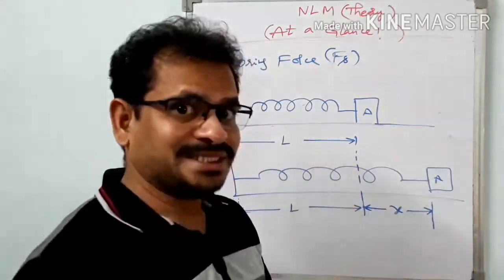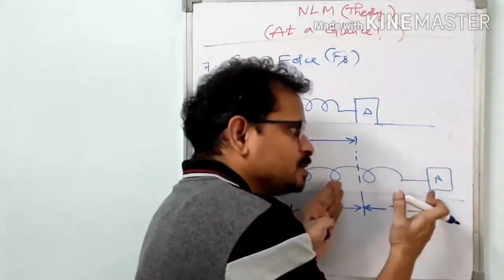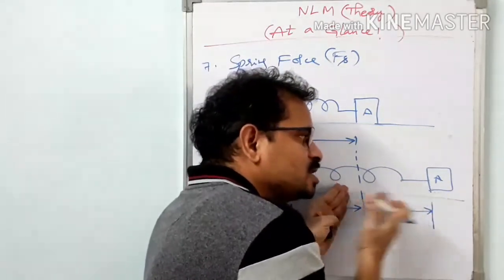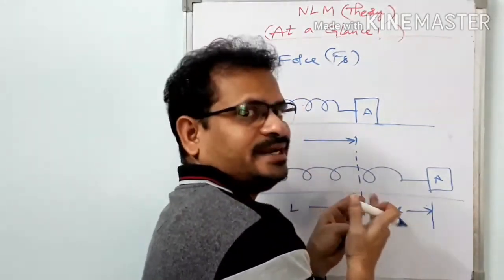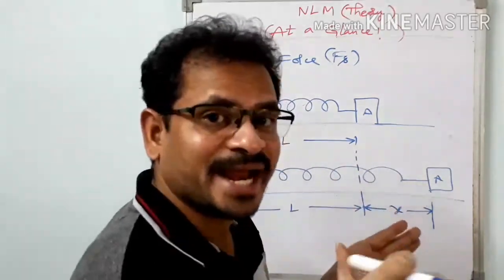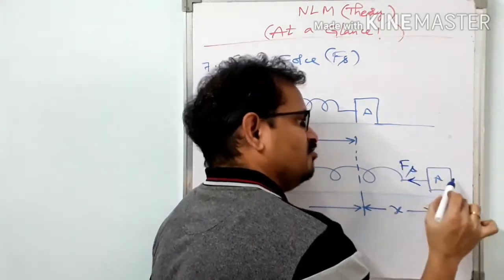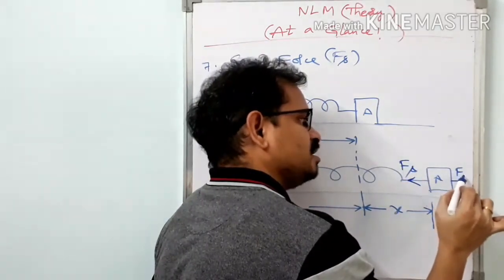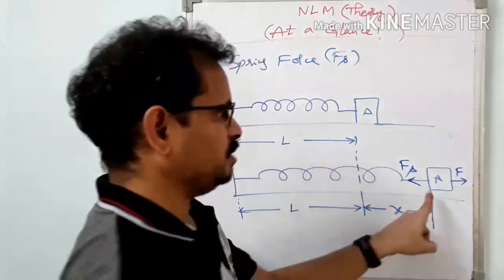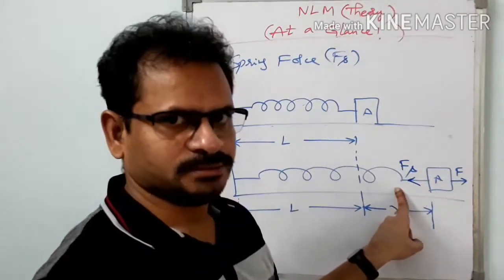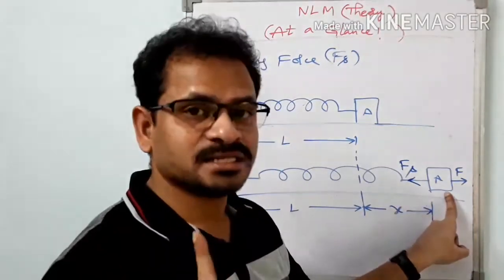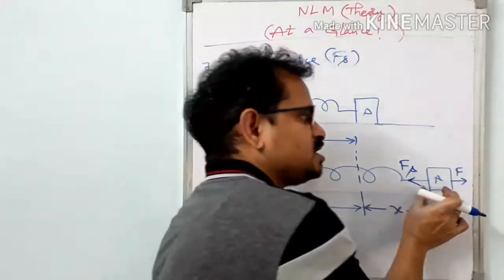So spring force acts in such a way so as to bring back the spring to its original condition. So in which direction does spring force act? Spring force acts in this direction, Fs, while external force F external is acting in this direction. See, here the block is not accelerated, it is made to move with a constant velocity.